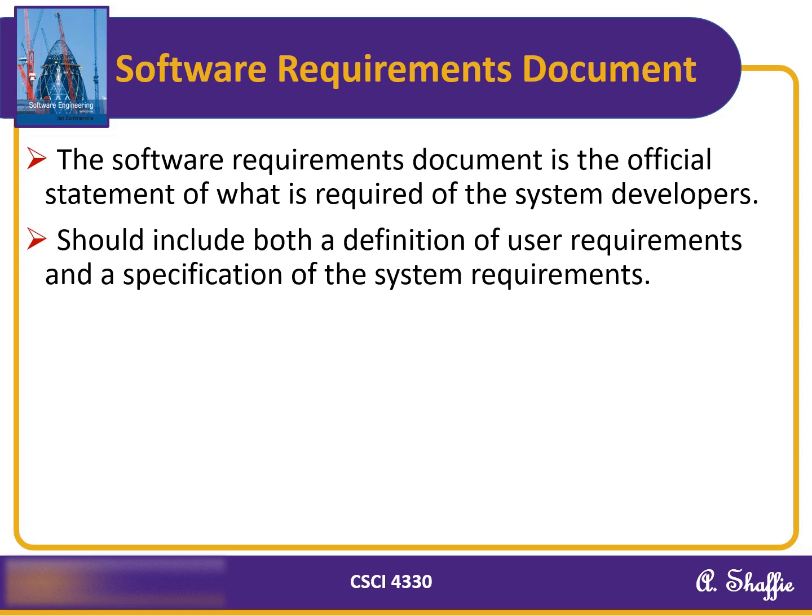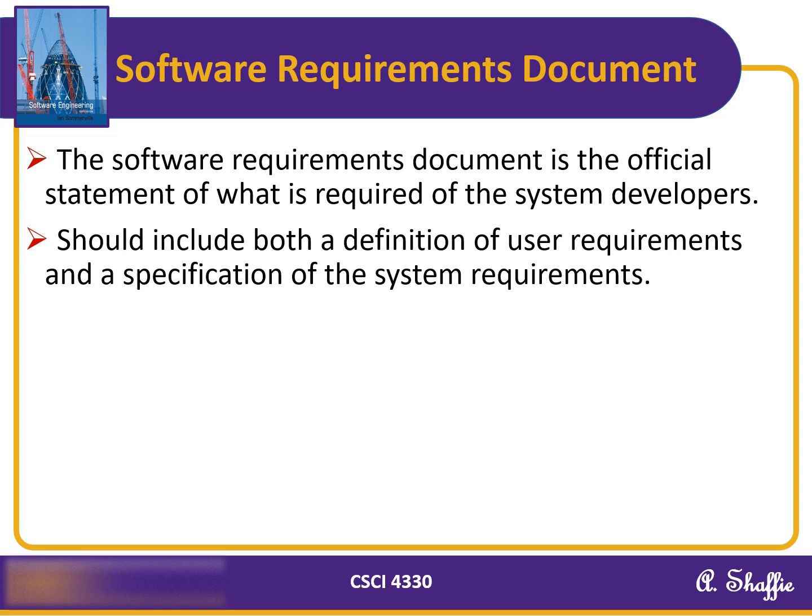The software requirements document, sometimes called the Software Requirement Specification or SRS, is the official statement of what is required of the system developers. It should indicate both a definition of user requirements and a specification of the system requirements.